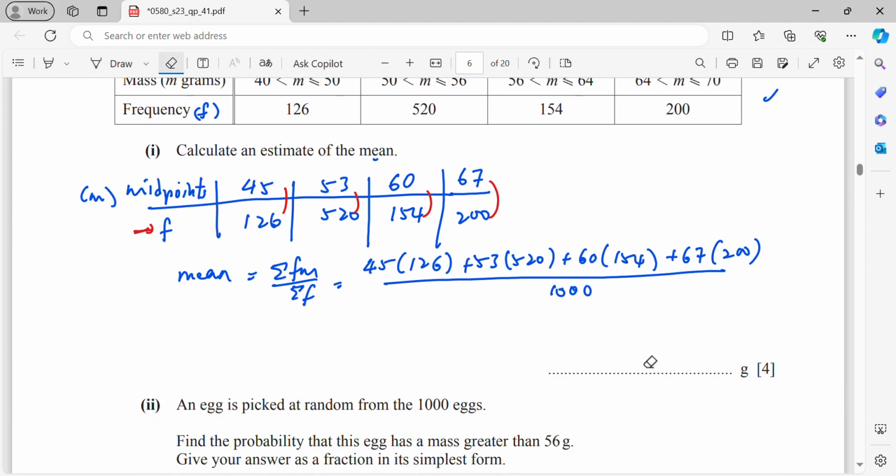Okay, then from here when you simplify, you will be getting 55870 over 1000. So at last it will be 55.87. So that is your mean mass.